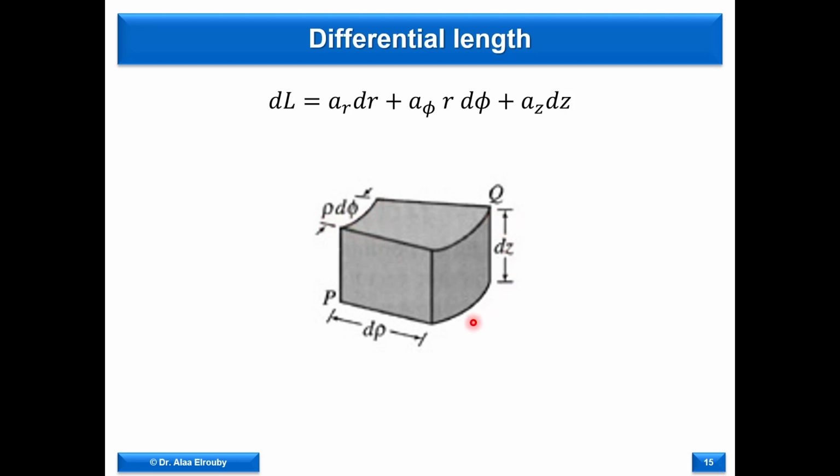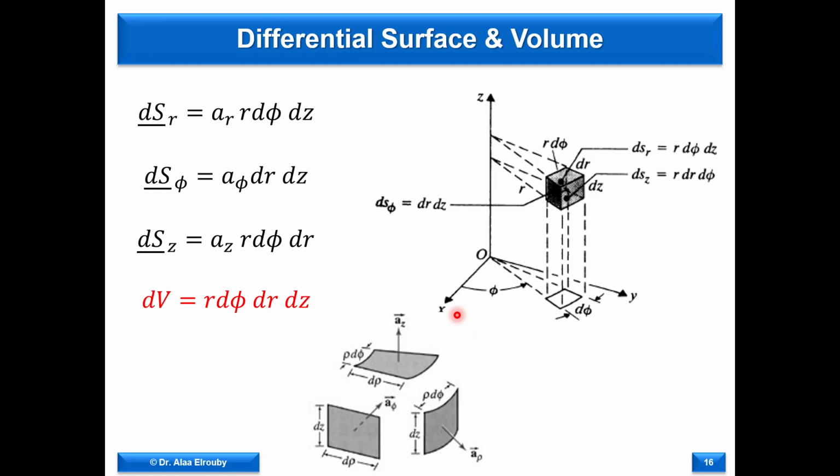If we complete the drawing, it would look like this element, which is similar to a piece of cheese, like in Tom and Jerry or whatever it is. So it's this shape. This is the differential volume.